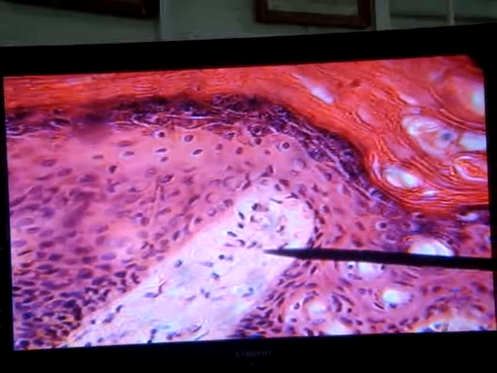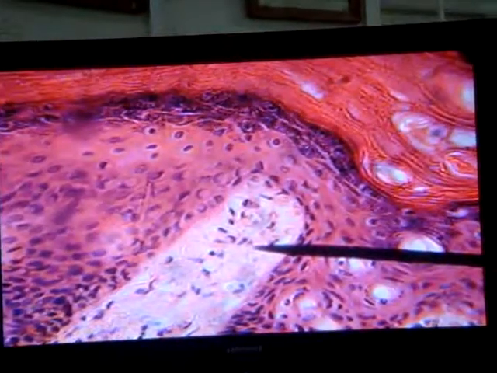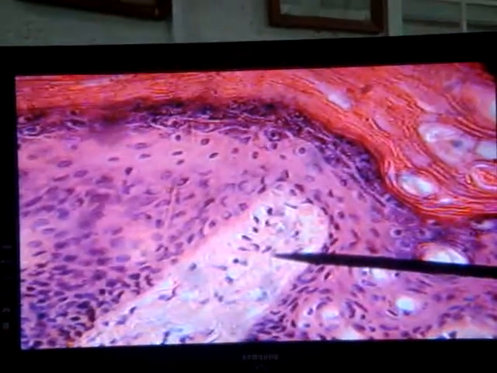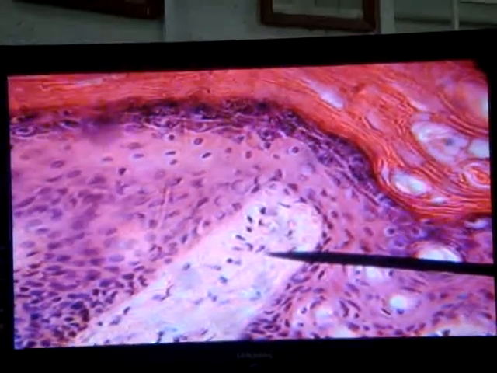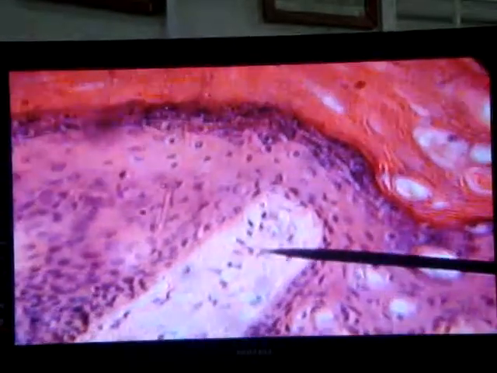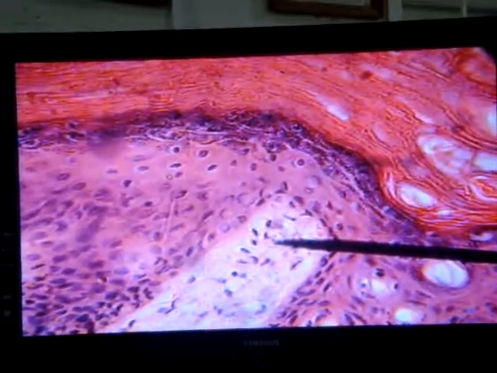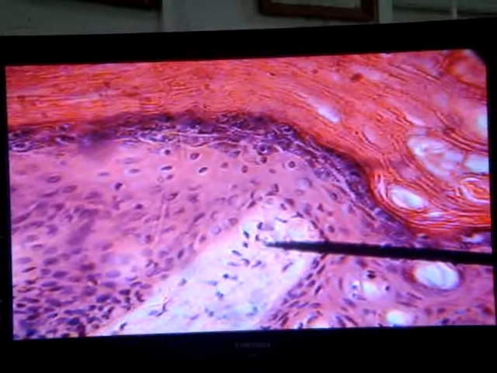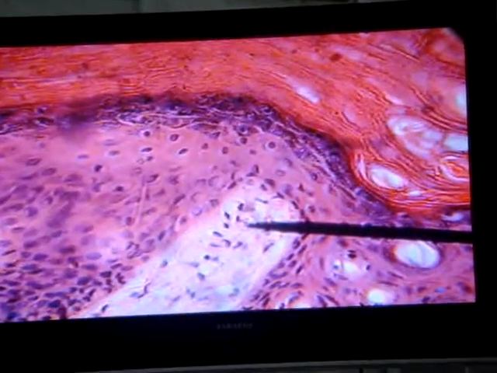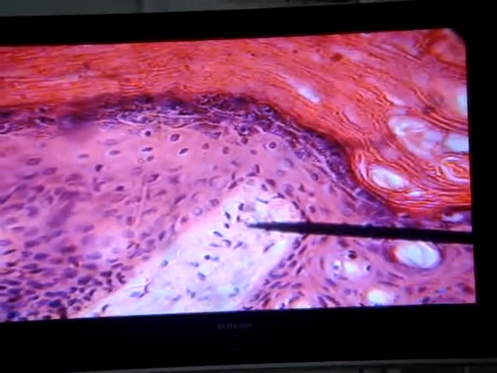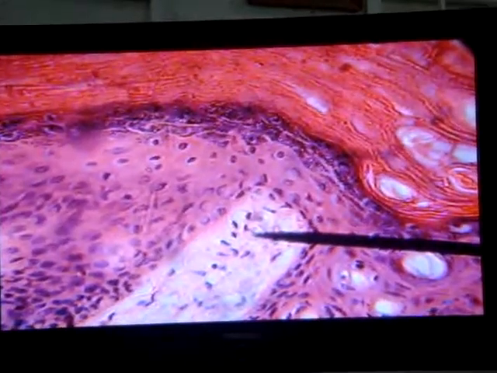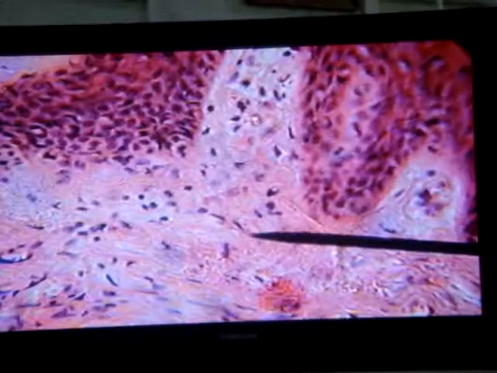By the way, it has a spiral appearance, so when you cut it, it comes out looking very funny, but that's the Meissner located in the dermal papillae. It's for two-point, discriminatory touch. You know about those? No? Alright, next semester we'll teach you something about that.